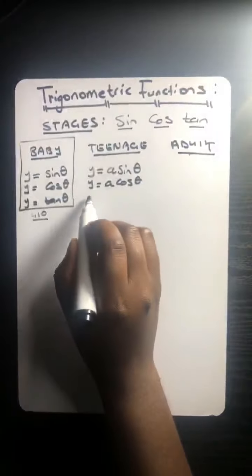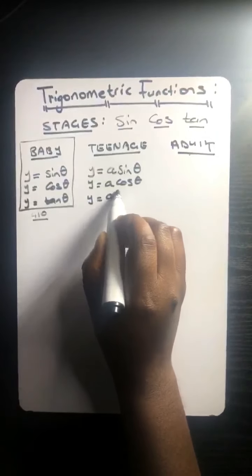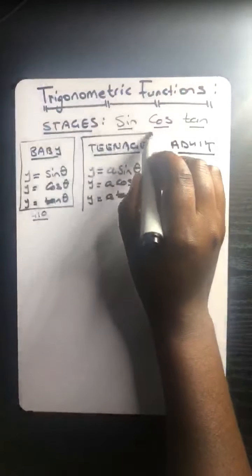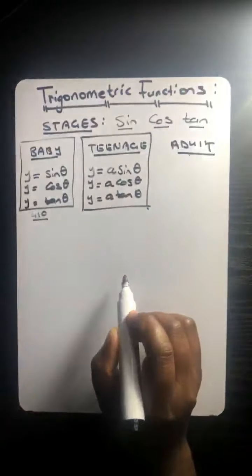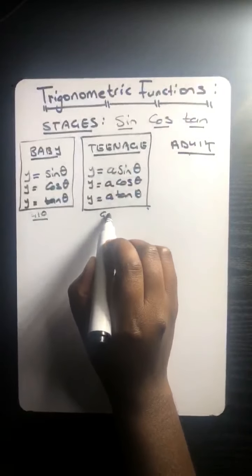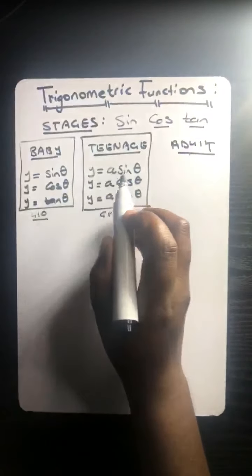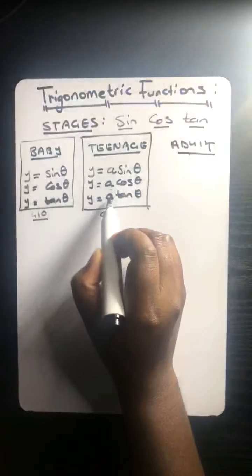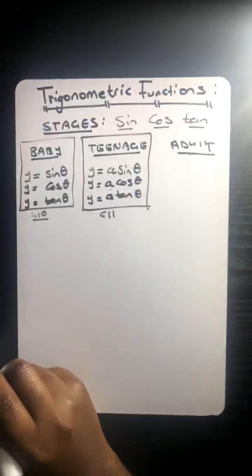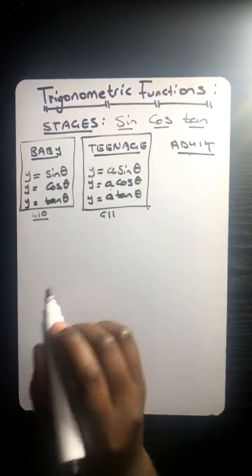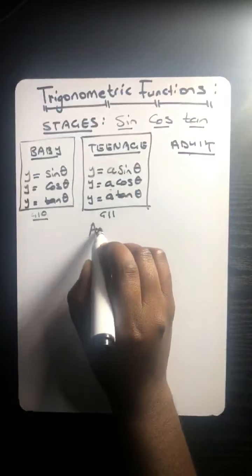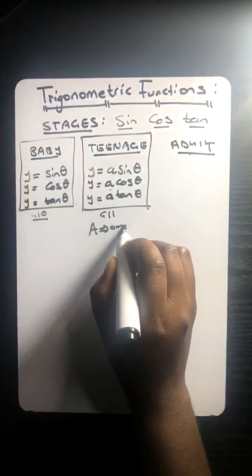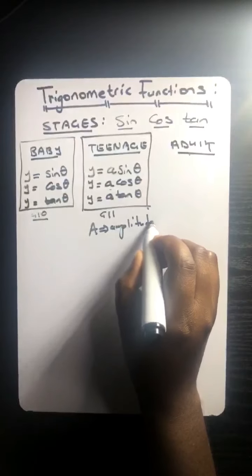All of those trig ratios are multiplied by a. In grade 11, you are well aware that the a value represents what we call the amplitude.